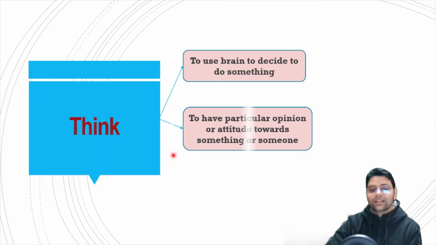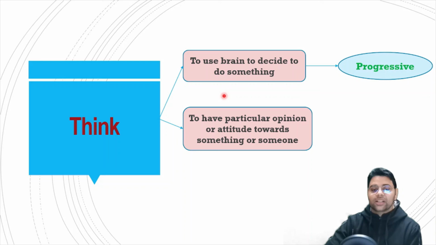Another meaning is very similar to feel, when it talks about perception or opinion or attitude towards something or somebody. So when think means to decide to do something, it is progressive, but when it talks about perception or attitude or opinion, in that sense it is stative. Let's have some examples.